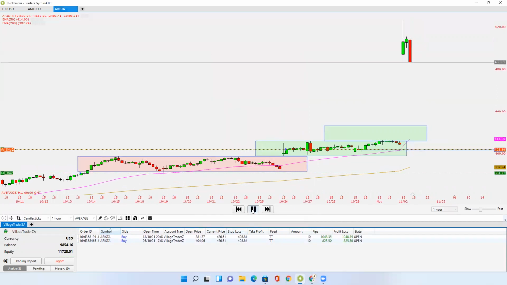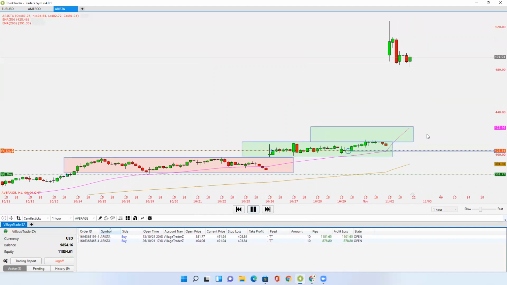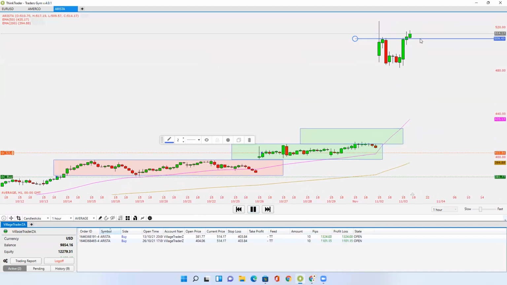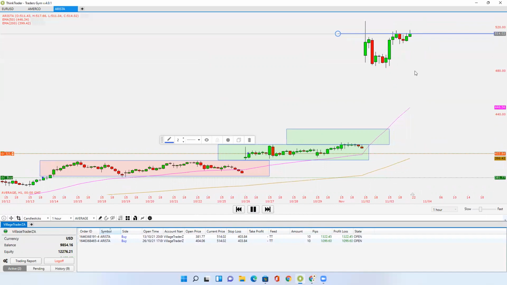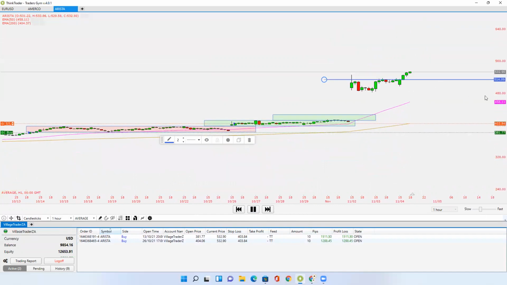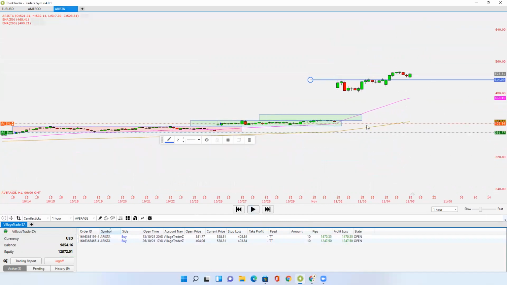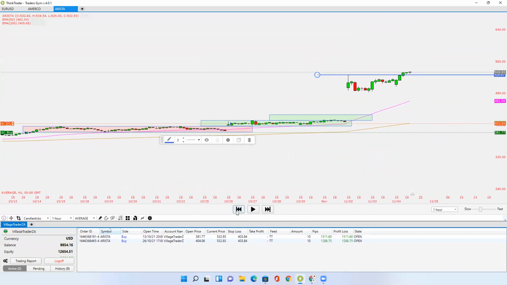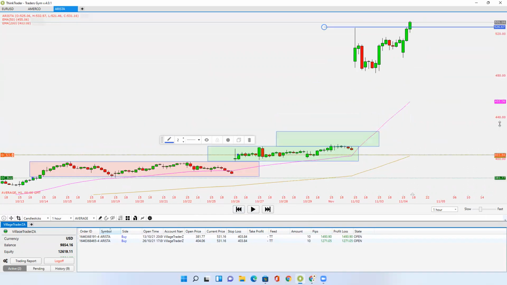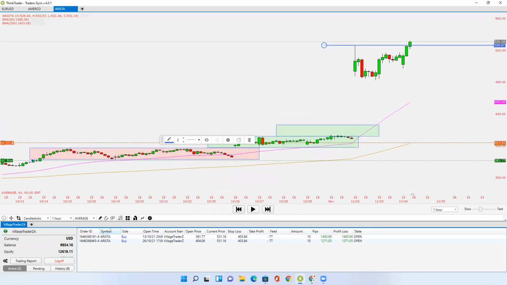Okay, let's see how the market action was. Now that becomes a significant level for me. In fact, the high of that move, right there, becomes significant for me.